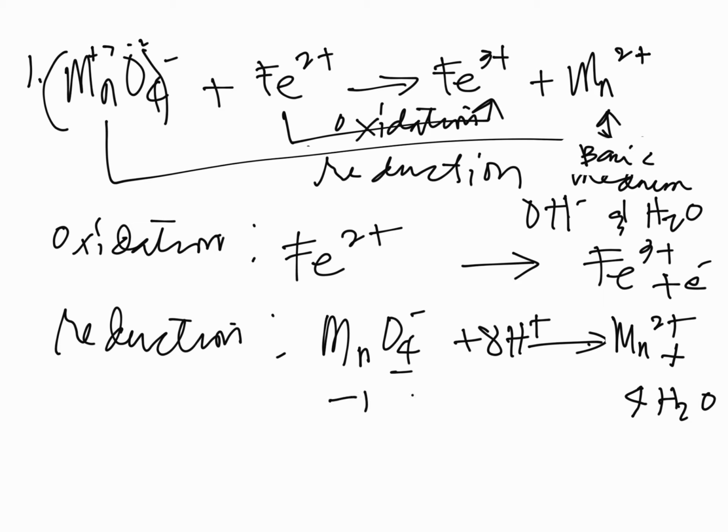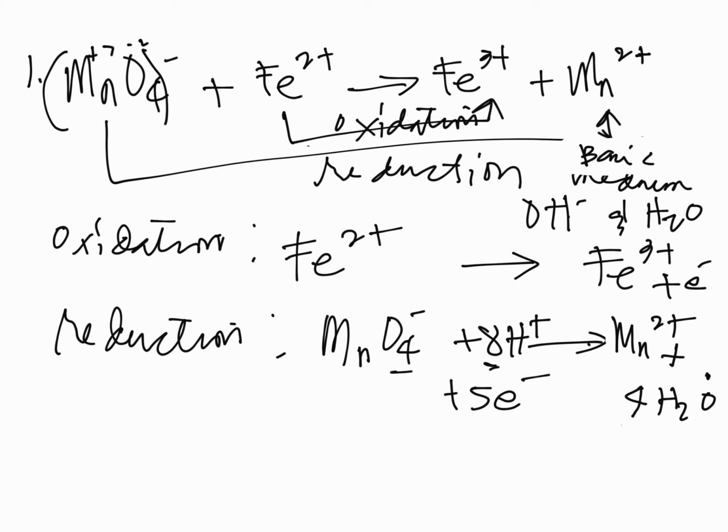That's -1 plus 8 for hydrogen, which is +7. On the other side, it's 2 plus for Mn. The water is 0 because it doesn't have any charge. The difference is +5, so you're going to add 5 electrons on this side.